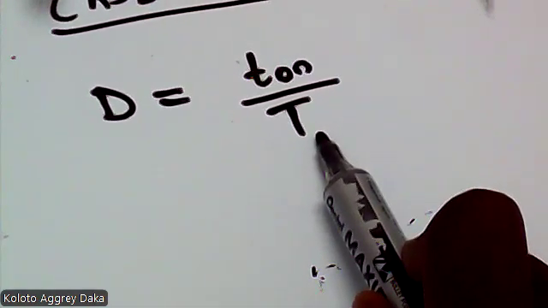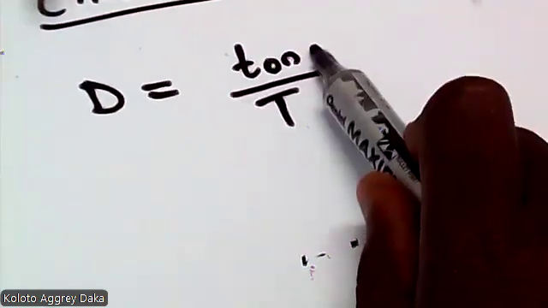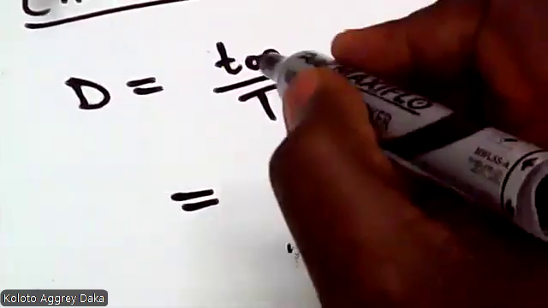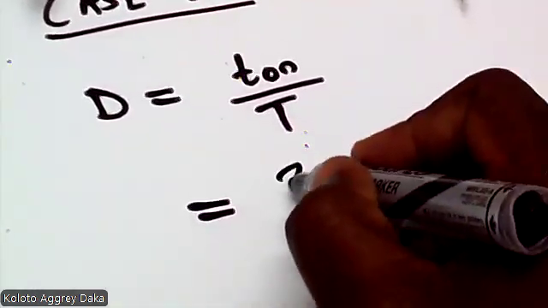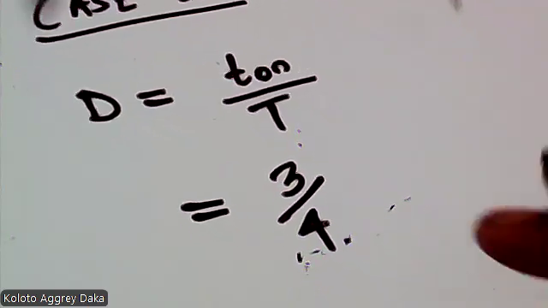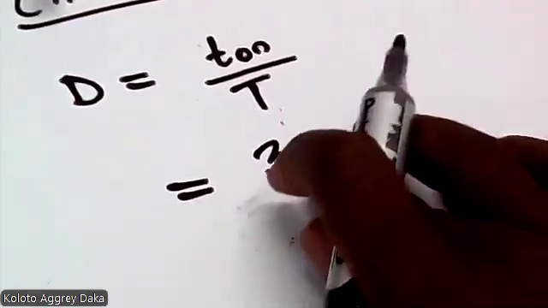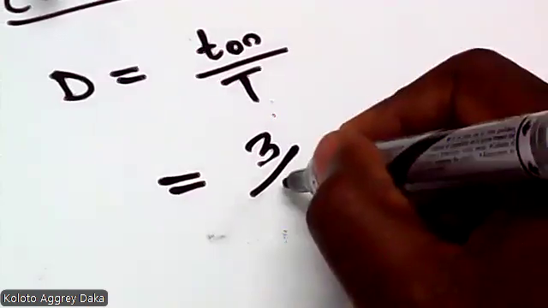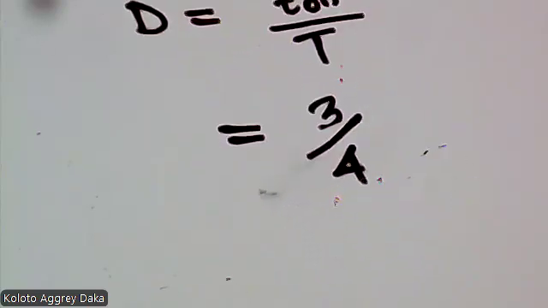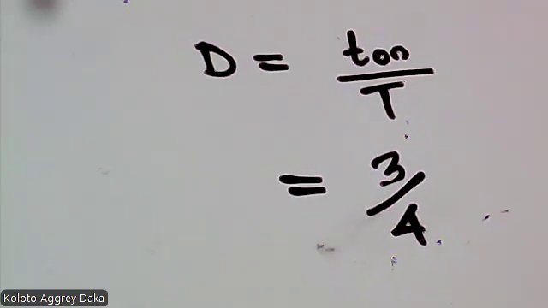They should be in the same unit, which is why we converted 0.004 to milliseconds.